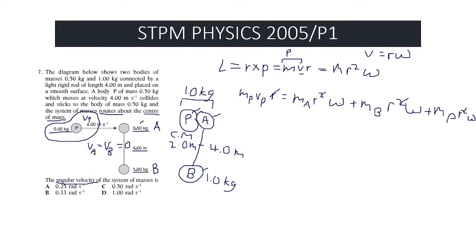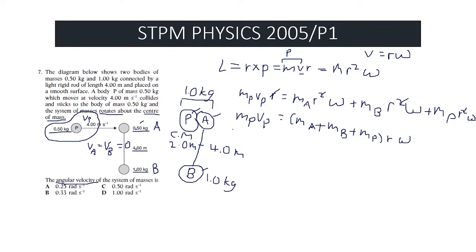Now we know that the angular velocity for all will be the same for this system, so now we can write this in terms of this form. That means we just add up all this mess, mp and this r omega.